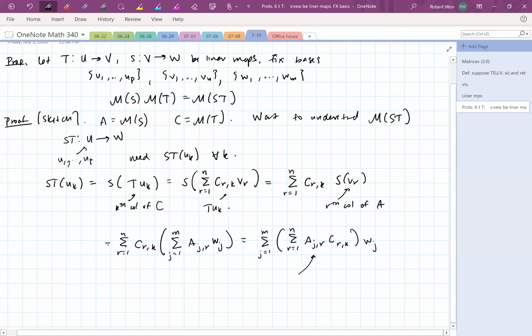So this should record the data of how to write ST of uk in terms of the w's. So these guys should be the entries of the matrix for ST. This should be the kth column.